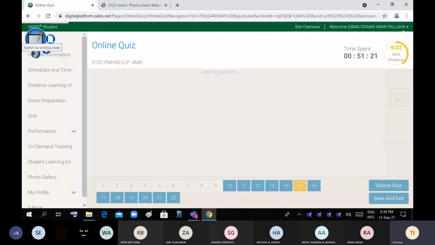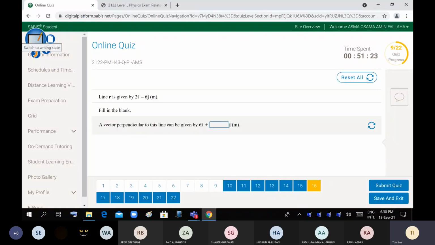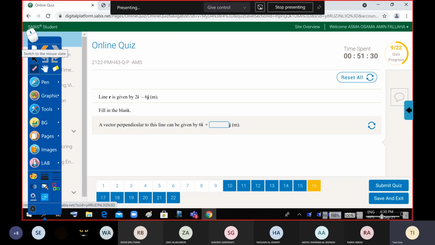Last question in the first line, 16. A vector perpendicular to this line can be given by, look what you do here, similar to the one that I showed you before. You say 2 times 6 plus minus 6 times unknown should be 0. Let's say this unknown is x.